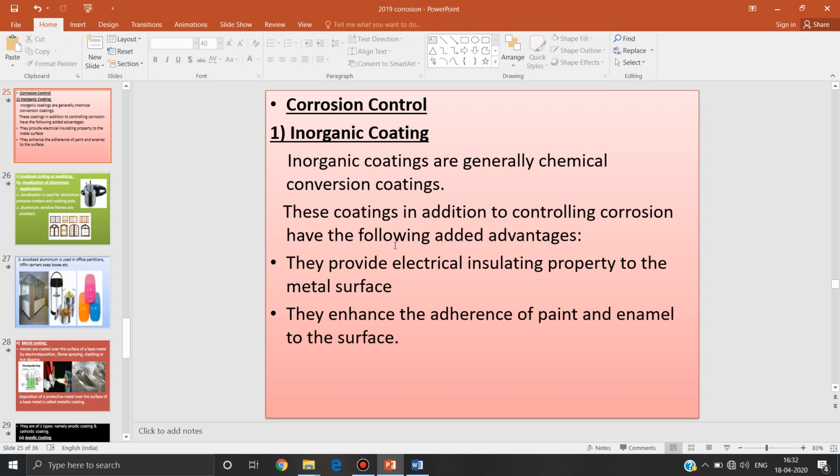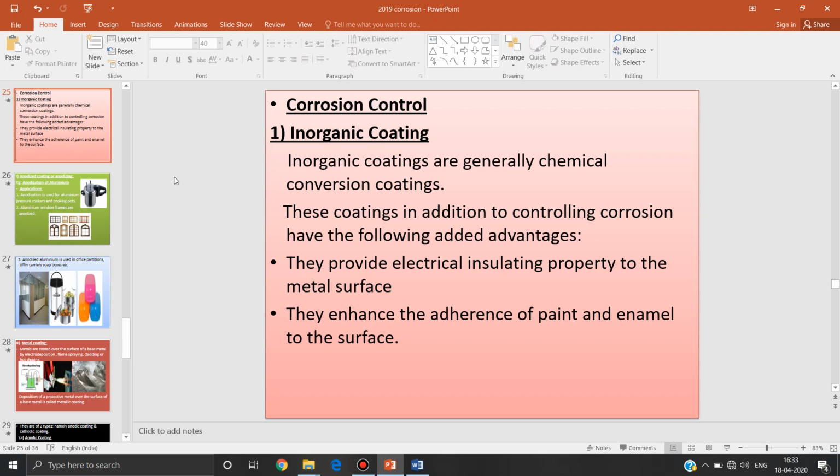We can give metal coating, inorganic coating, or organic coating, etc. Under inorganic coating, there are two types. One is phosphating, and another one is anodization. What is inorganic coating? Inorganic coatings are generally chemical conversion coatings. Metal surface is converted into some products or some compounds, for example in the case of aluminium it is converted into aluminium oxide.